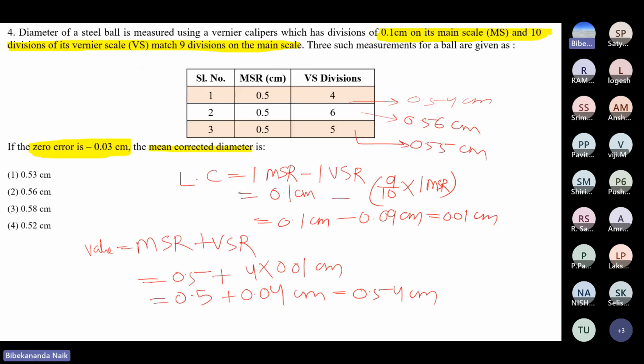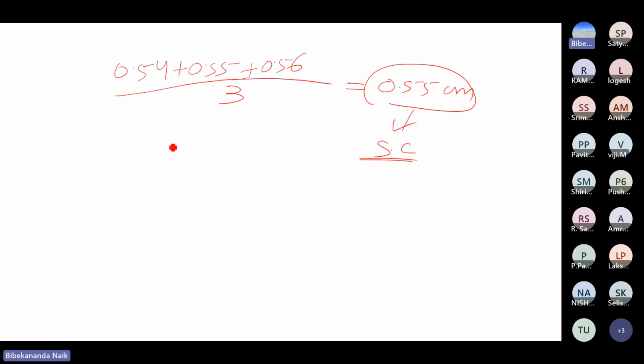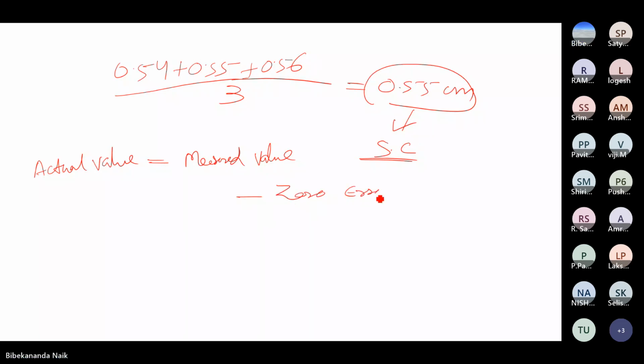However, as you can see, the slide calipers have a zero error of minus 0.03. Since it has a zero error, the actual value will be the measured value minus the zero error. The measured value is 0.55 centimeter.